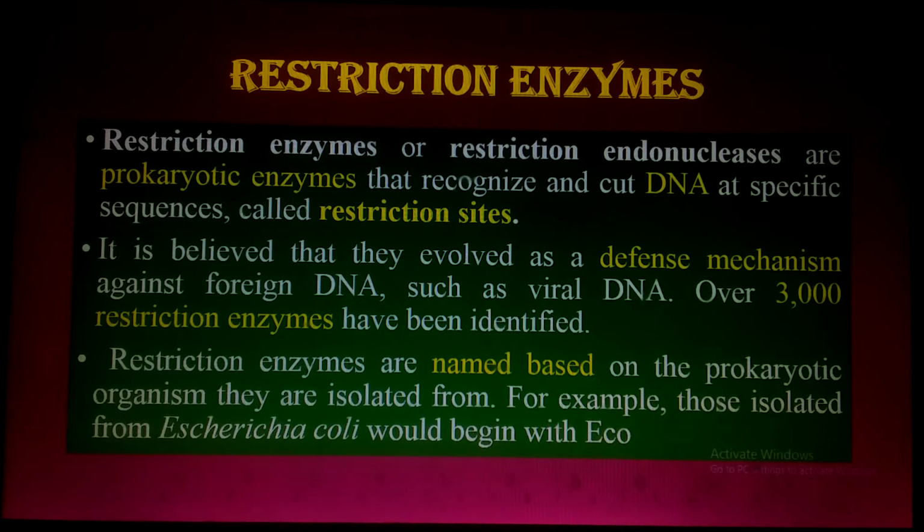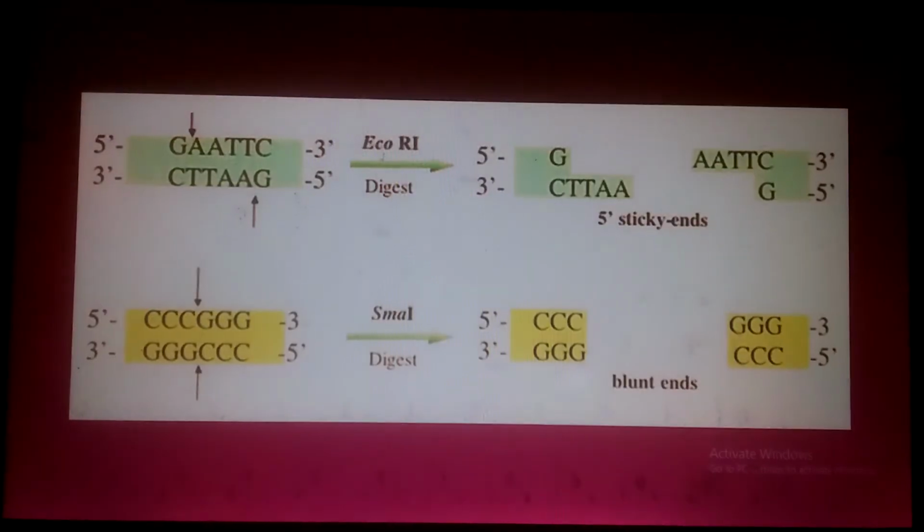Over 3,000 restriction enzymes have been identified. Restriction enzymes are named based on the prokaryotic organism they are isolated from. Is it clear? Like if we get the restriction enzyme from Escherichia coli, it is abbreviated as Eco, and I will discuss many more in detail in my next lecture about restriction enzymes.